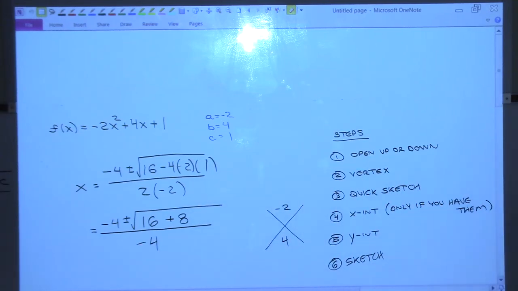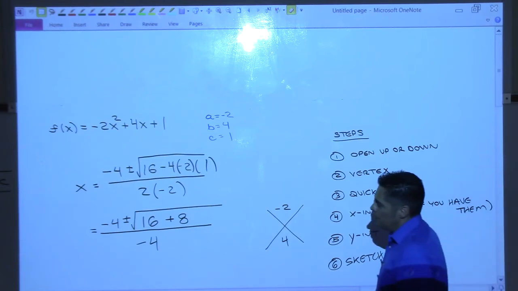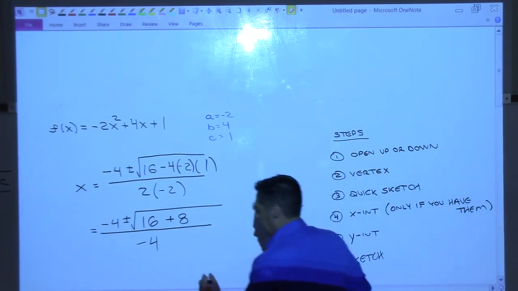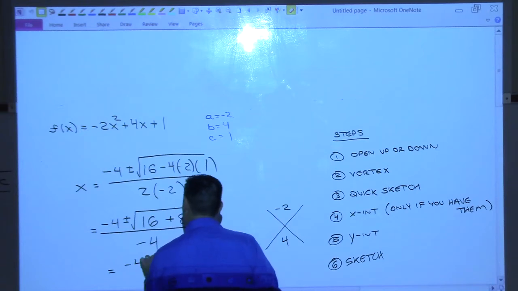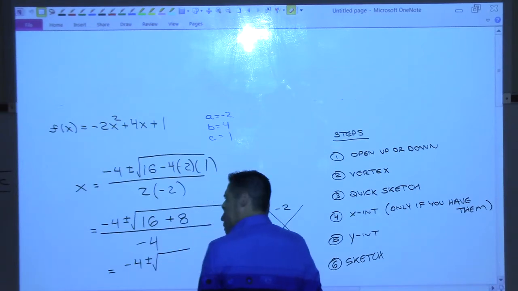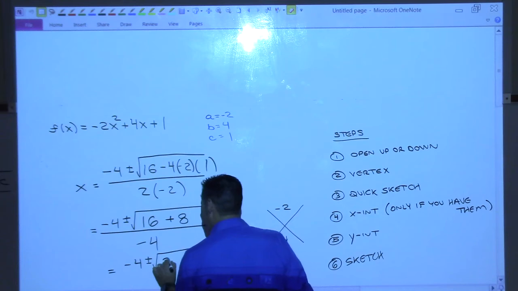So then we have to probably break the calculator out. And I did bring my calculator today. 16 plus 8 is 24. So negative 4 plus or minus the square root of 24.